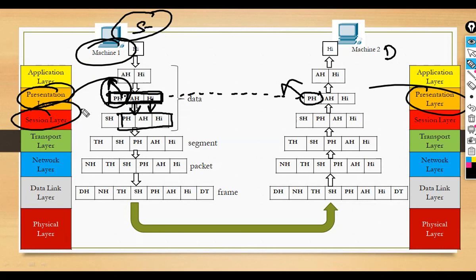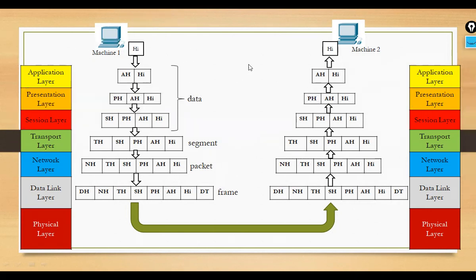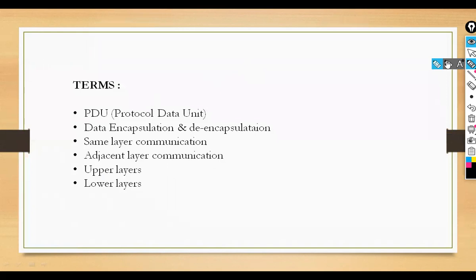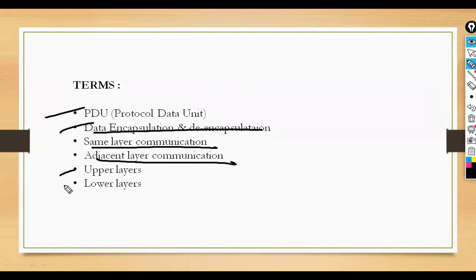So I suppose you have understood what this PDU is, what adjacent layer interaction is, and what same layer interaction is. So we have discussed PDU, data encapsulation and de-encapsulation, same layer communication, adjacent layer communication, upper layers and lower layers.